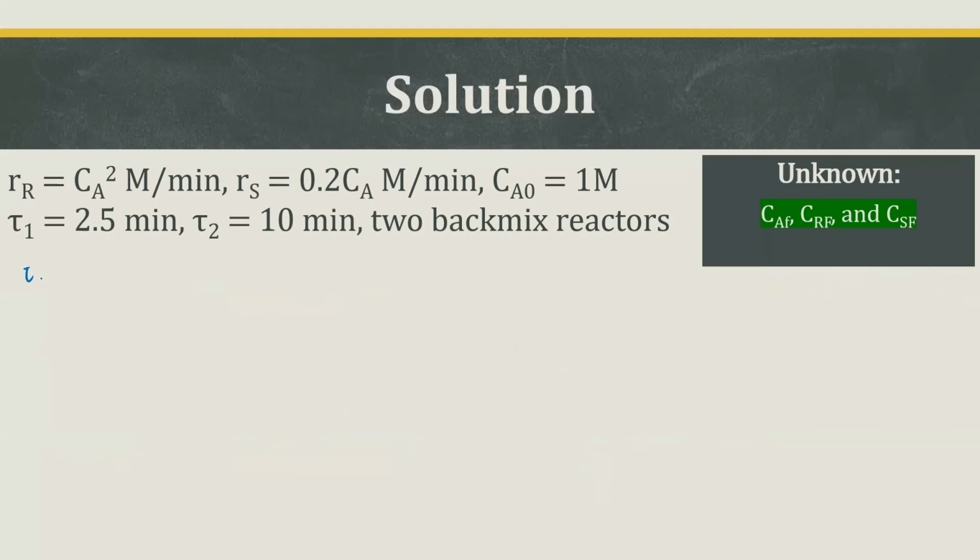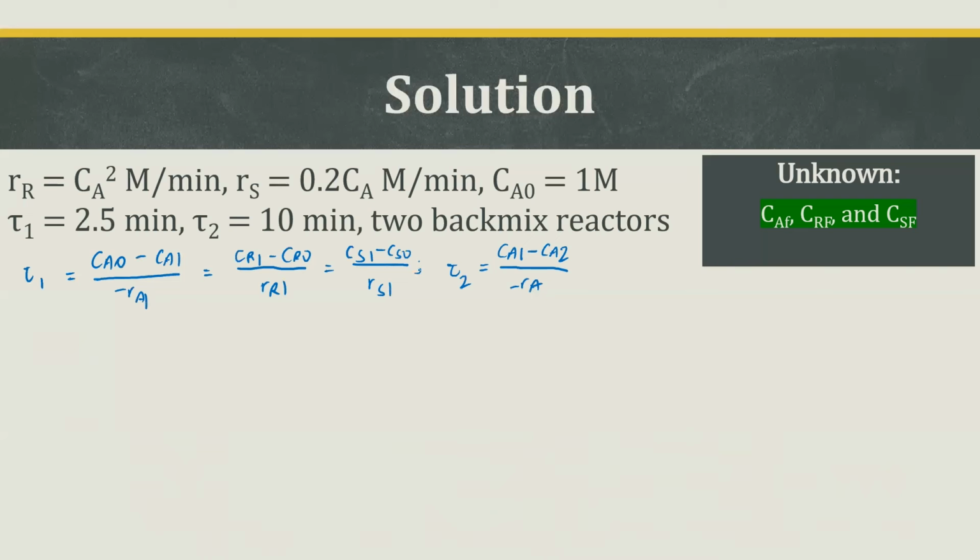So basically, we will just use the formula for the space-time. So for the space-time of 1, this is equal to CaO minus Ca1 all over negative R sub A, which is equal to CR1 minus CR0 all over R sub R. And this is also equal to CS1 minus CS0 all over R sub S. Similarly, for tau sub 2, this should equal Ca1, since Ca1 is the entering concentration, minus Ca2 all over negative R sub A. Then this is equal to CR2 minus CR1 all over R sub R2.